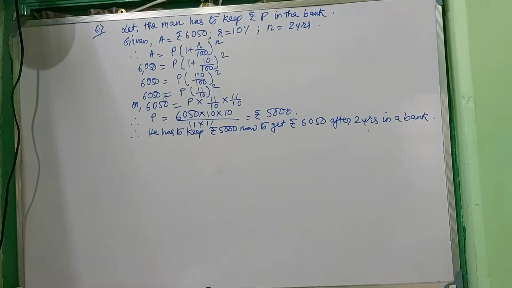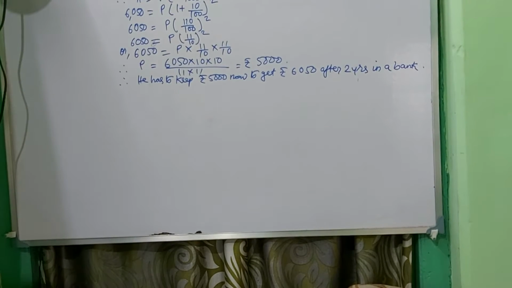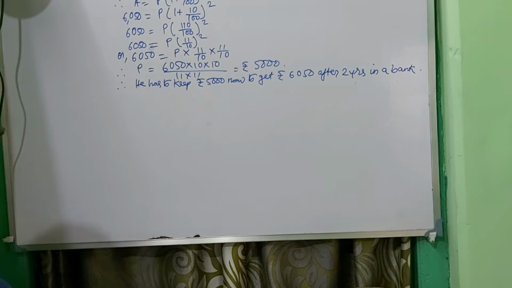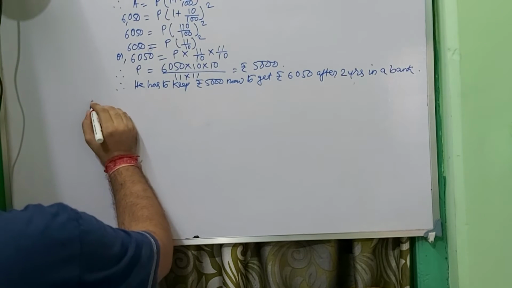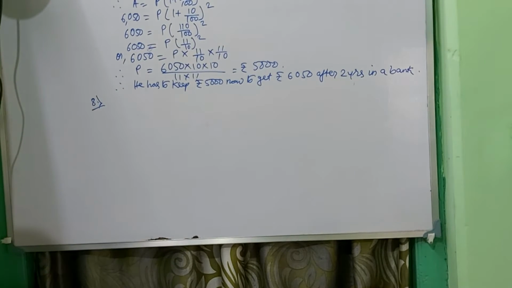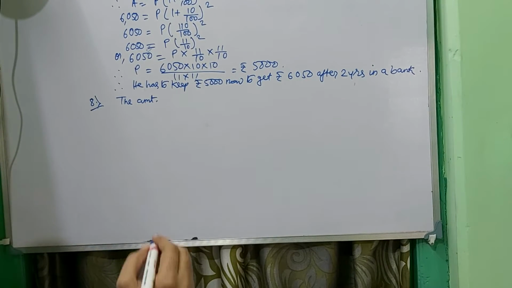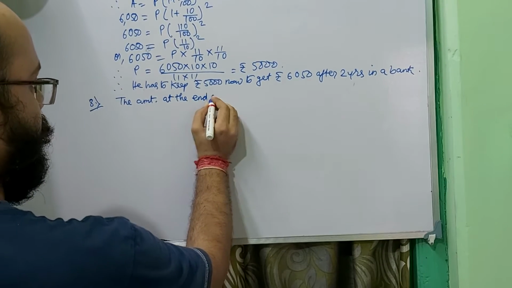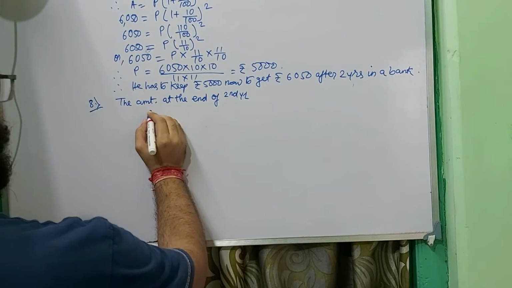I think this is also visible to you. I'll do that in the later portion. Okay, see, the amount of the second year, how can you calculate? Number 8, the amount at the end of second year, A1.